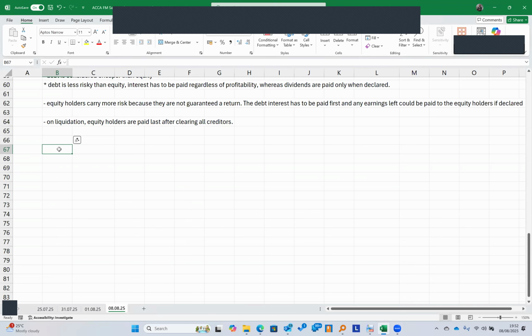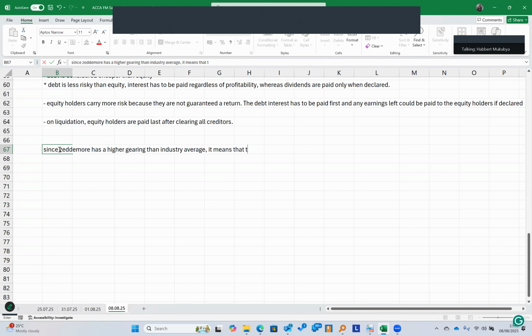So you'll be saying, since Zeddemore has a higher gearing than the industry average, if that is what has been said, it means that the cost of financing will increase, because the shareholders will deem it more risky for the reasons we have said above and require more return.